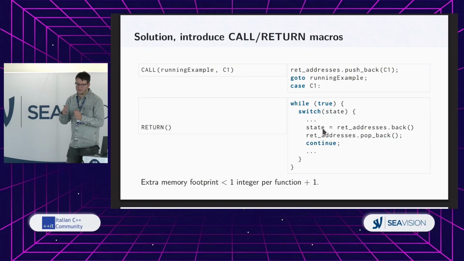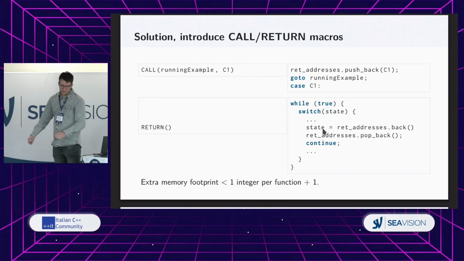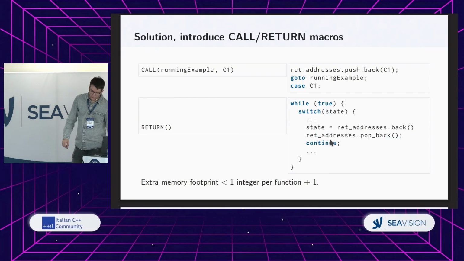You remove the last element from the stack because it's gone, and then you do a continue. You go back to the while true, you perform the switch, and the switch will jump to state. State is equal to C1, because it was the last element of the return addresses, and you go back to case C1.